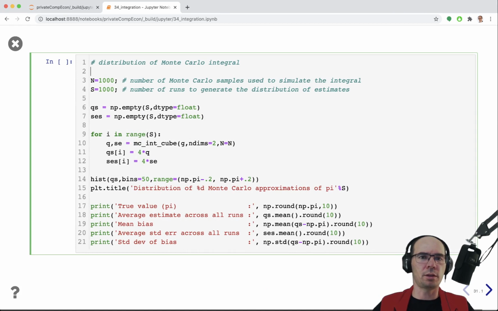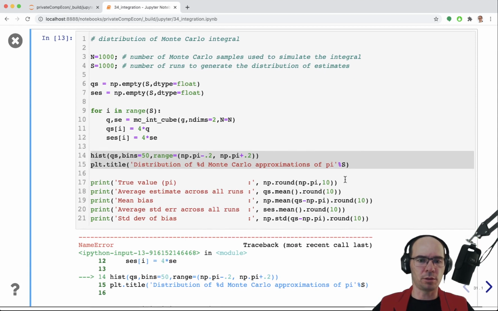This is a bit of code that essentially just collects the estimates and the standard errors in a large number, like 1,000, of different runs to calculate the integral that we just calculated to approximate pi, and then draws a histogram.